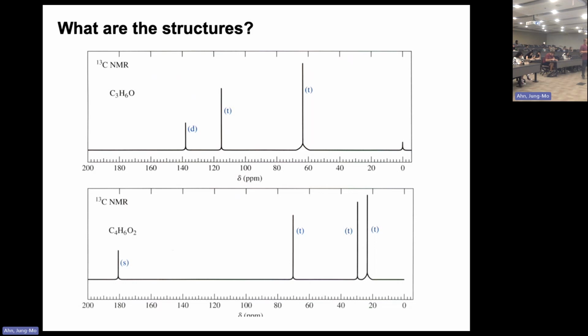I guess the first thing we should do is calculate the degree of unsaturation, right? So 4 minus 3 plus 1. Oxygen doesn't do anything for the degree of unsaturation. So 4 minus 3 plus 1 is 2.